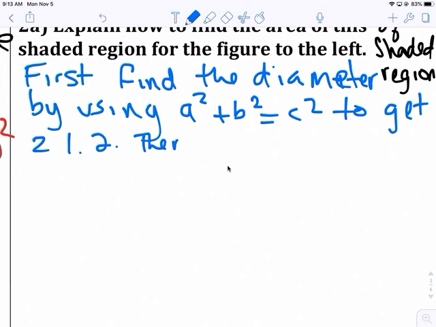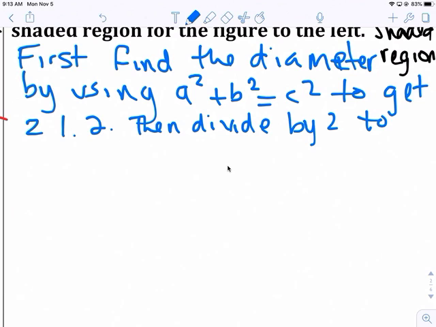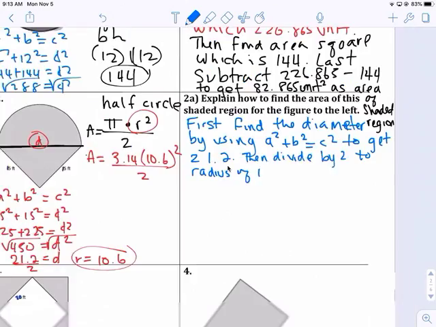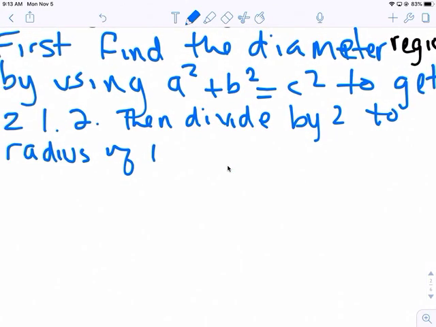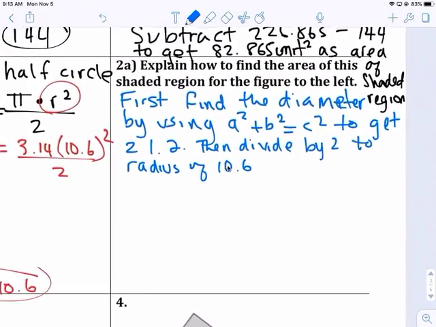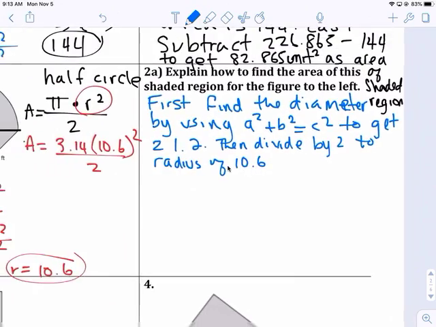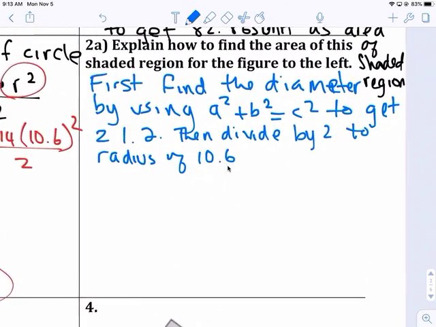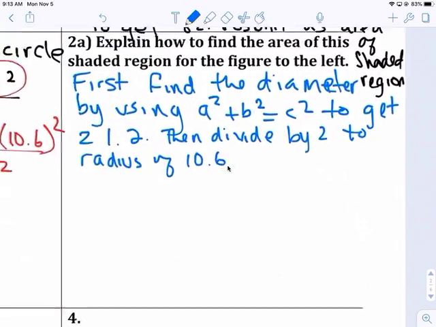Then divide by 2 to get a radius of 10.6.